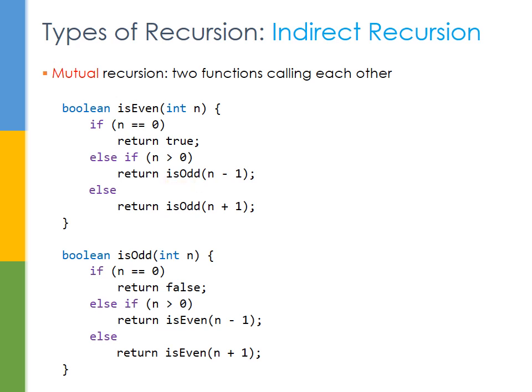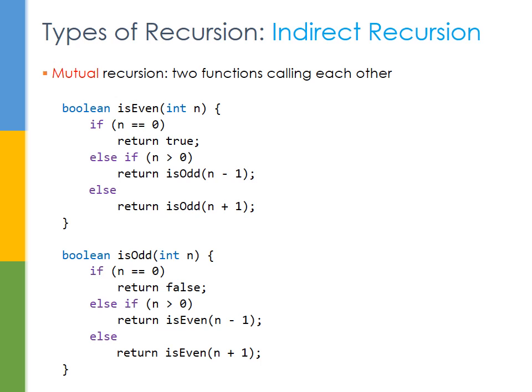We have two calls to is odd, and in the is odd function we have two calls to is even. So in other words, what this means is that we have two recursive cases in each of these functions. Now, the two recursive cases basically just deal with negative values in a different way to positive values.